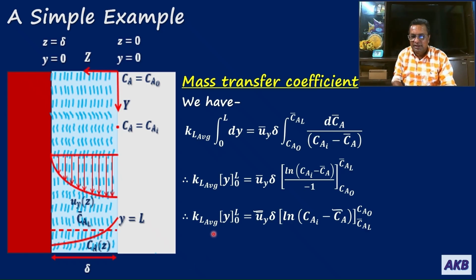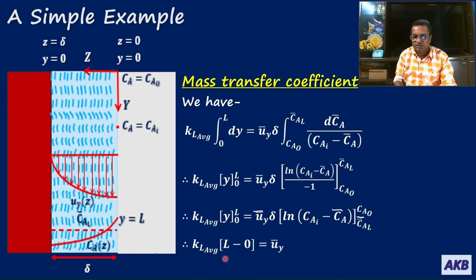So it will be KL average y, limits 0 to L, that is equal to uy bar delta into ln of CAI minus CA bar, and now limits are CAL bar to CA naught. So let us use the limit.